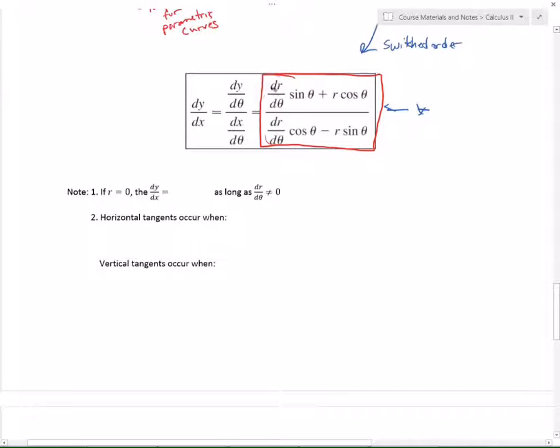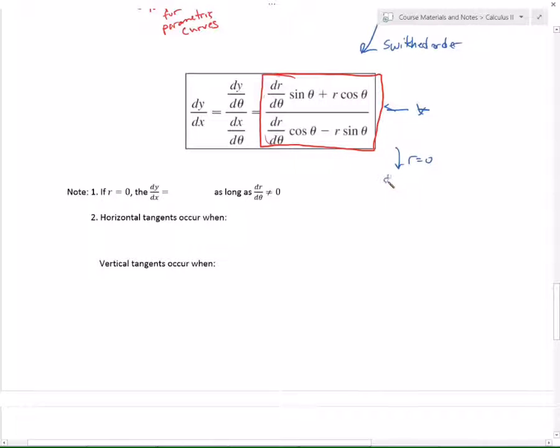Look at this in the red box that I've got right here. What happens if r is 0? Do you see it? This goes away, right? And this goes away.